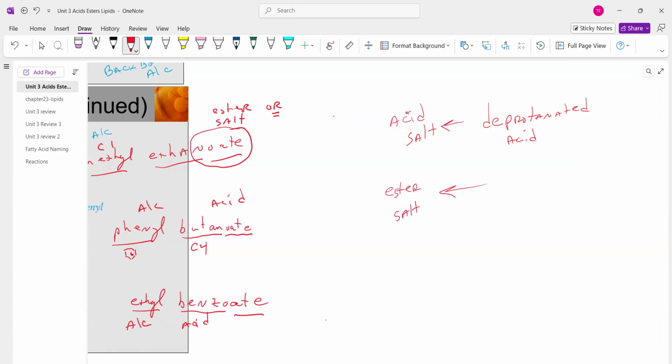To get an ester salt, you need to have just another name for ester.